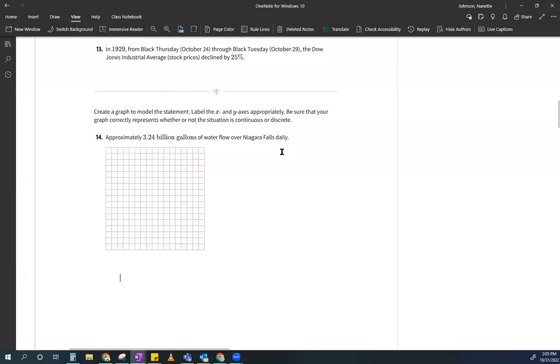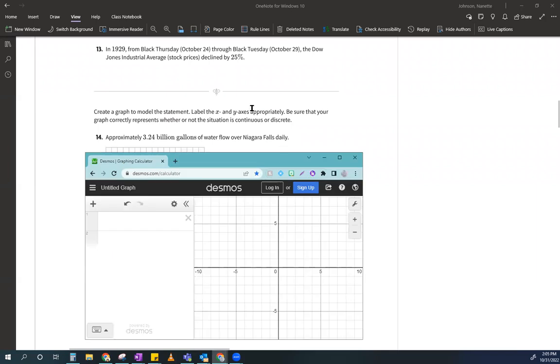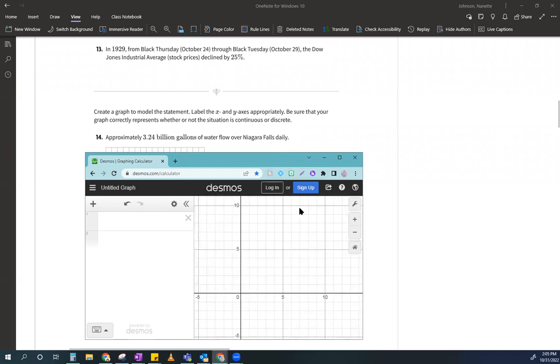Okay, so they just want you to graph this, right? So let me go grab a graph. Okay, so it says, make sure you correctly label the X and Y axes and be sure that your graph represents the situation as continuous or discrete. The very first thing that I want to do is label my axes.